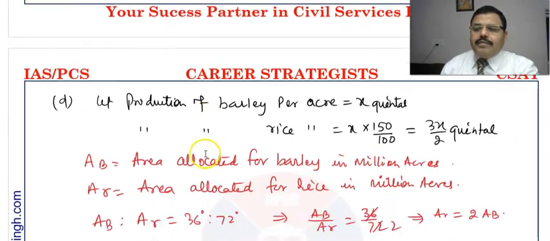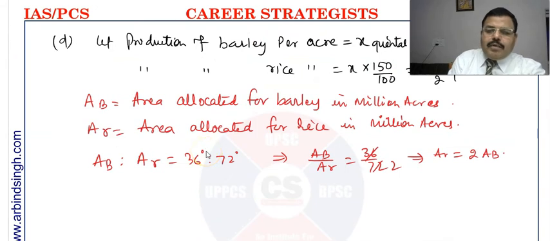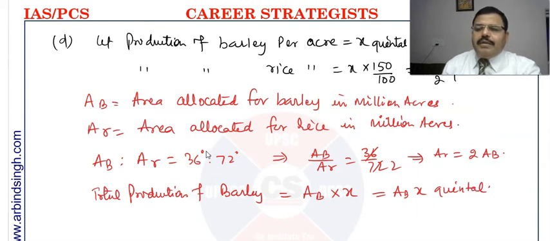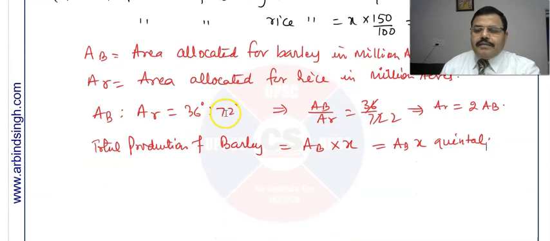So total production of barley is the rate of barley, x, times the area of barley, AB million acres, so AB into x quintal. This is already in million, so no need to write again.